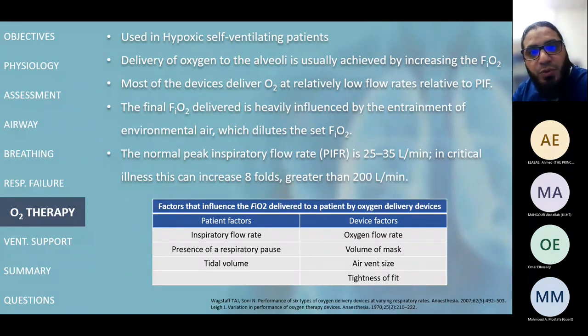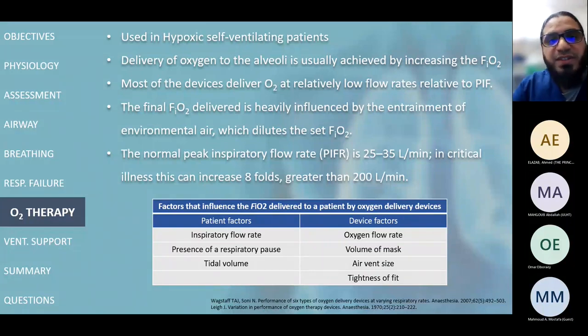It can help you to identify why the patient is not responding to the oxygen that you are giving. So we will use oxygen therapy for the patients who are hypoxic but still self-ventilating. And as I said earlier, this is the first step, and the easiest step to correct is increasing the inspired oxygen, hoping that this will improve the hypoxia.